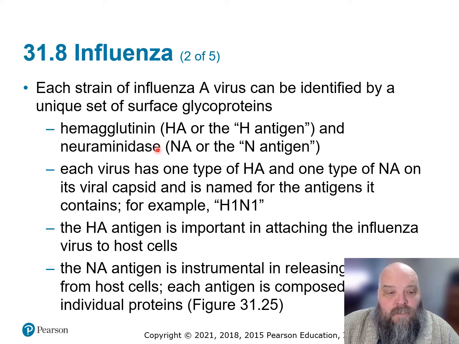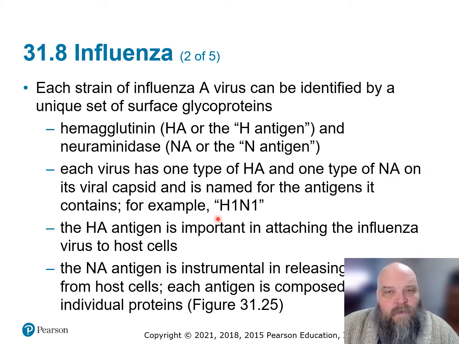Different types of H, different types of N's, and they've numbered them numerically. So if you read the textbooks, you read the primary literature, and they're talking about influenza, you'll see H, alphanumeric designation, H and N, and then H, a number, N, a number. H1N1, H1N7, H7N1, okay?